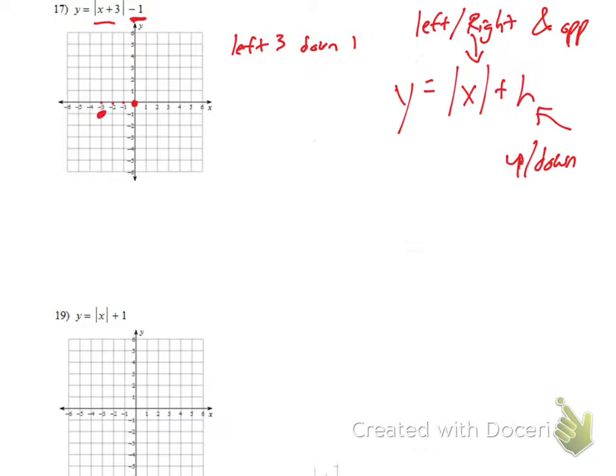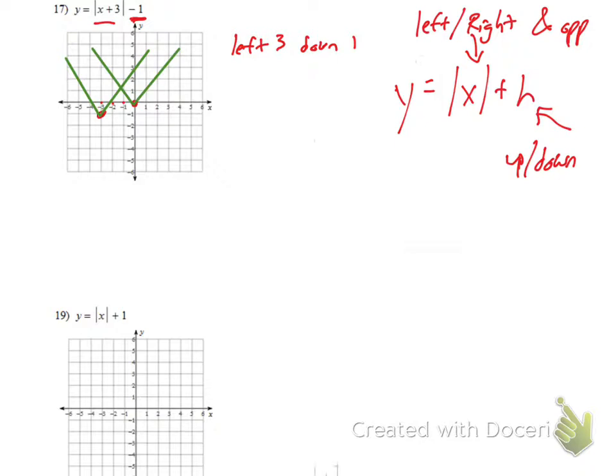So my first V would be right there. You don't necessarily need to draw that, but this is the one you need to draw. It'd be the 1 over 1, so it'd be like that. Check our answer real quick. This is 17, and that looks good.